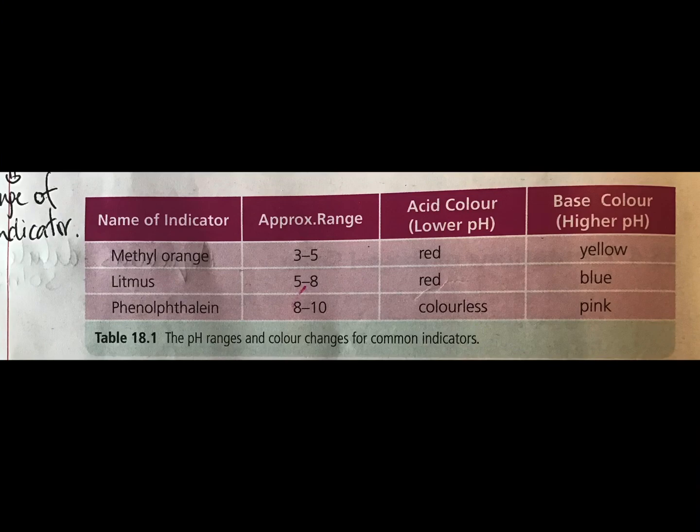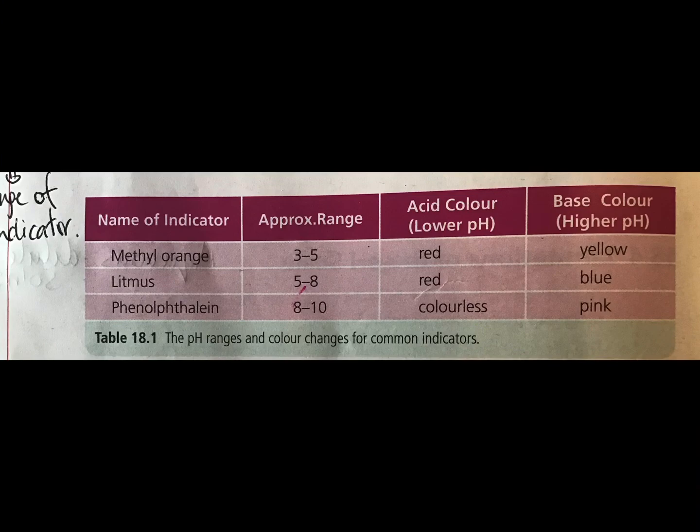So the range of the indicator is where there's a clear change in colour. At pH 4, methyl orange is an intermediate, a mix of red and yellow, and it's not a clear colour. So the range of methyl orange is where there is a clear change in colour for the indicator.